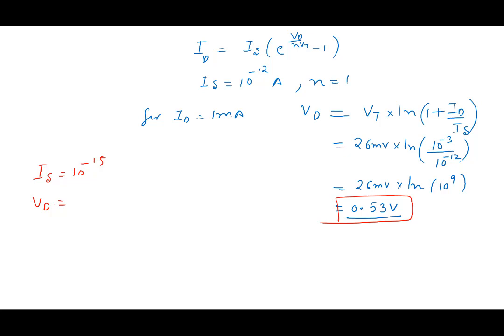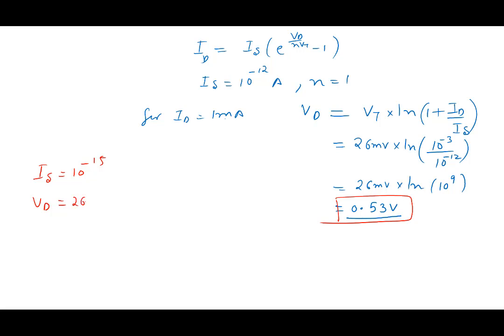VD would be 26 millivolt ln of 10 power minus 3 by 10 power minus 15, which comes out to be 0.7. Okay, 0.7 volt. All right.